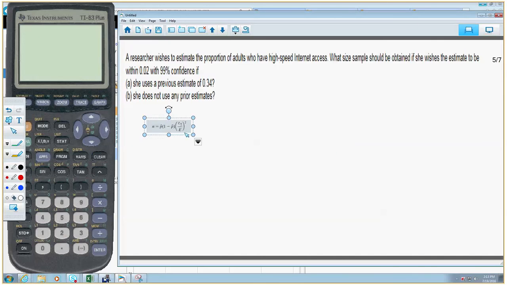That's with P. And then we're going to bring in without P.